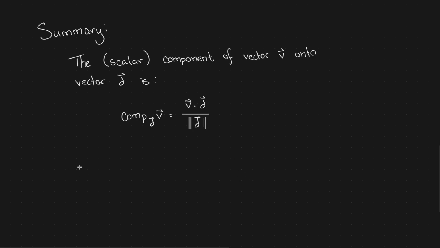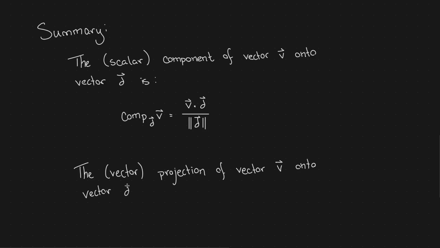Okay? And the vector projection or orthogonal projection of vector v onto vector d is, so for this, our notation is the projection of vector v onto vector d.